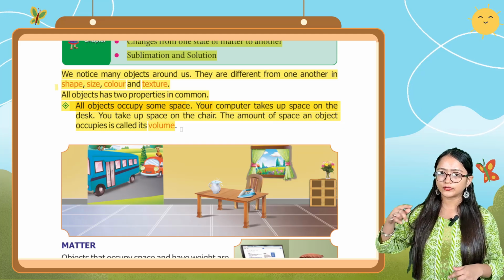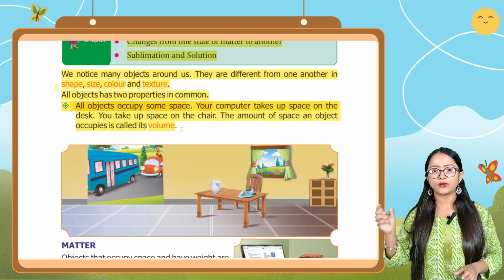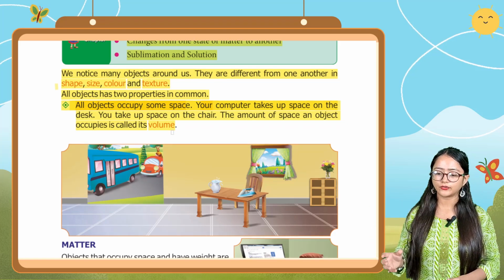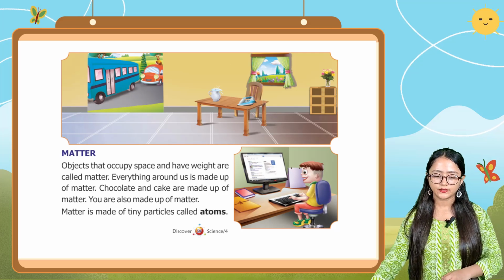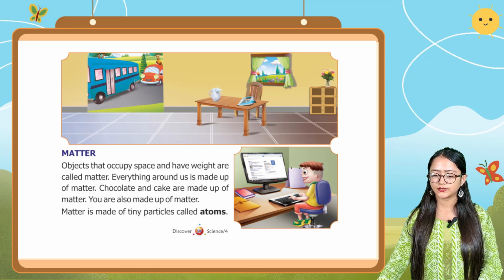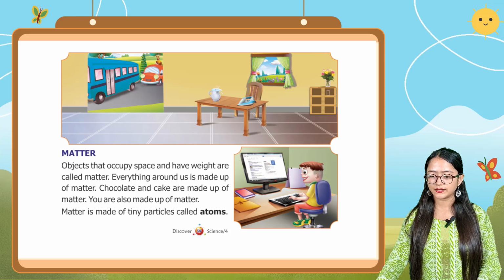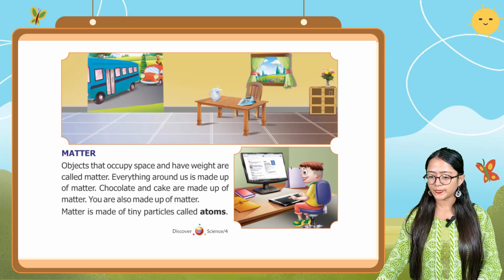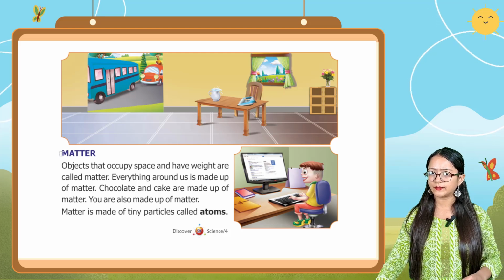The amount of space that a particular object occupies is called its volume. As you can see in this figure, the chair, the iron on the table, the jug on the table, the bus, the car, the window, the flower vase on the cupboard, they are all covering up space.